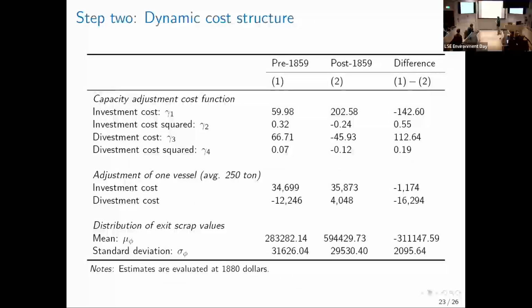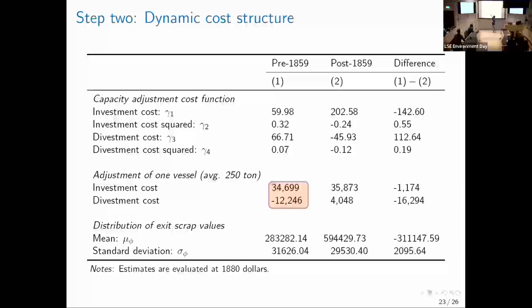So to explore the mechanism, I estimate the cost structure. For now, I only focus on the capital adjustment cost function. And for simple interpretation, I report one example of adjusting one vessel.